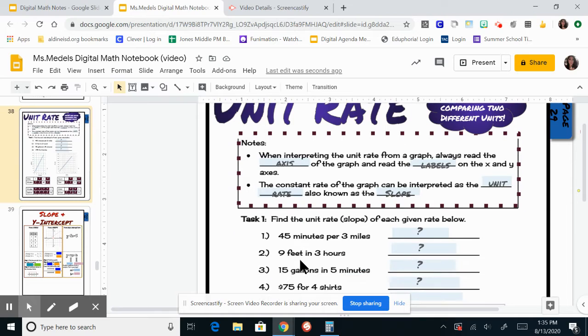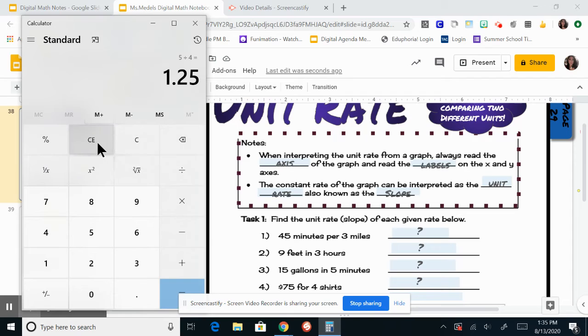So task one is going to be to find the rate or the slope of each given rate. The way we do this is, it's 45 minutes per 3 miles. So if we take our calculator, 45 divided by 3 gives me 15.